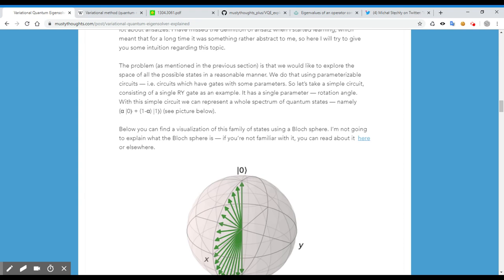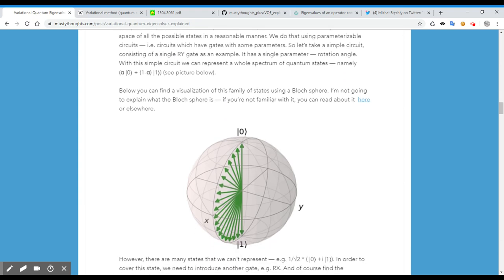So we do that using parametrizable circuits. I don't know if that's written correctly. I might be just too sleepy to pronounce this correctly. Circuits which have gates with some parameters. Okay, so it's about space exploration. That's what I sense. So let's take a simple circuit consisting of a single RY gate as an example. It has a single parameter, the rotation angle.